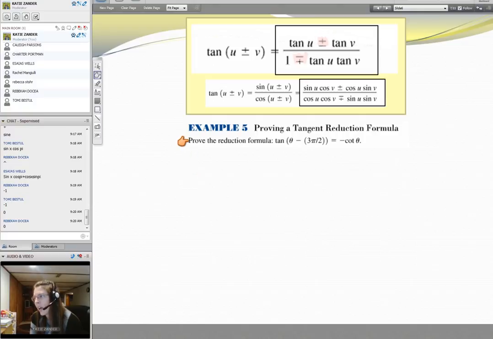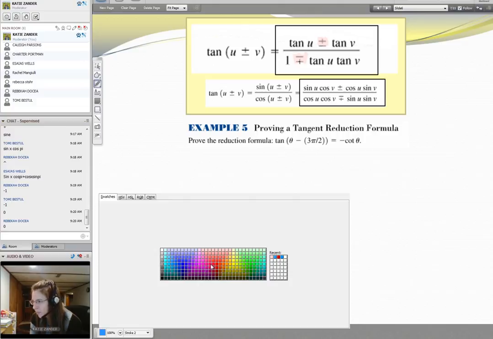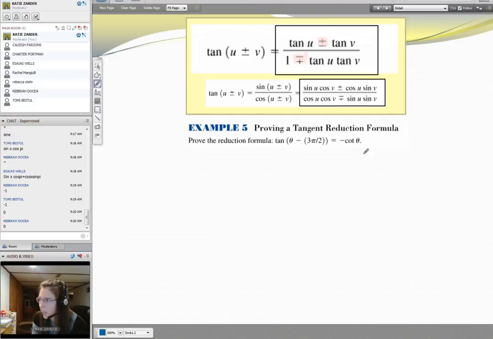All right, so let's go ahead and prove this reduction formula for tangent. Again, I would probably use the sine over cosine formula even just to prove this reduction here. So let's go ahead and do that. Let's start with sine. And I'm just going to put x instead of theta, just because I like to favor x over theta when I'm doing this.